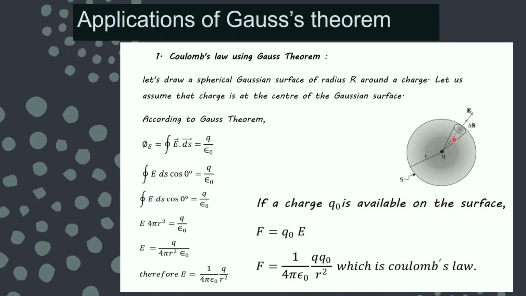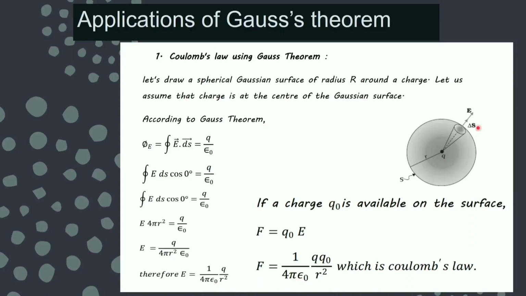If I want to find the electric field at a given point, like at this point, I will put the test charge here, of course q naught, and for the q naught charge I will find the electric field. This is the direction of the electric field, outward, because the charge q here is positive.